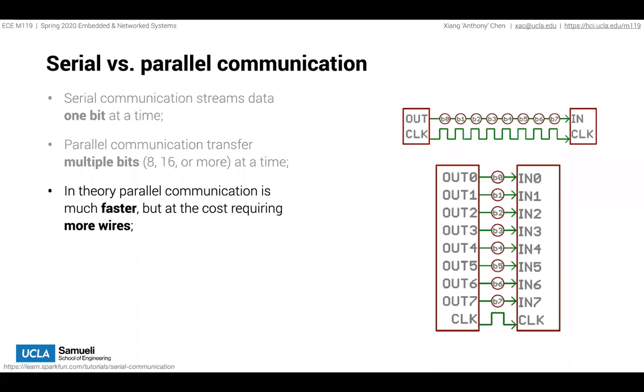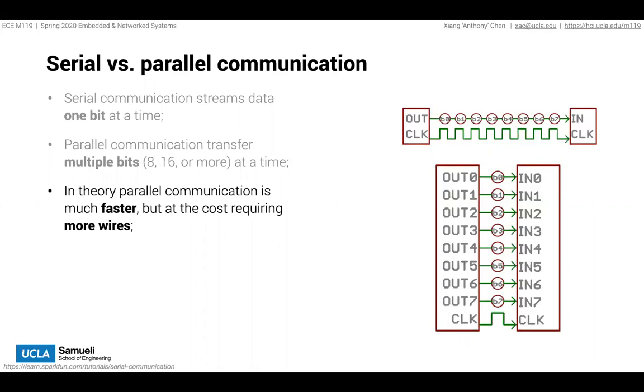Parallel communication, of course, in theory is faster, but the cost is that it requires more wires, which, unfortunately, is not something that's always available for embedded systems.